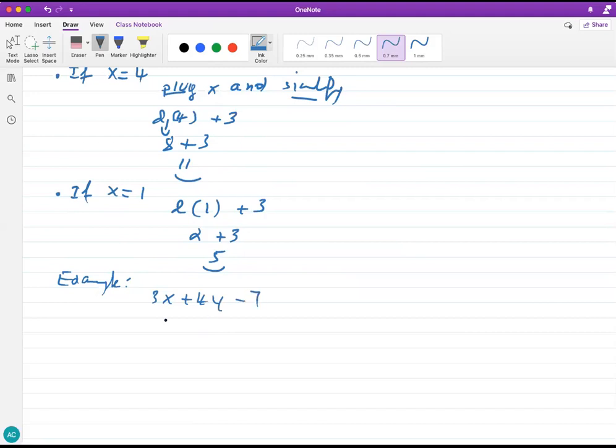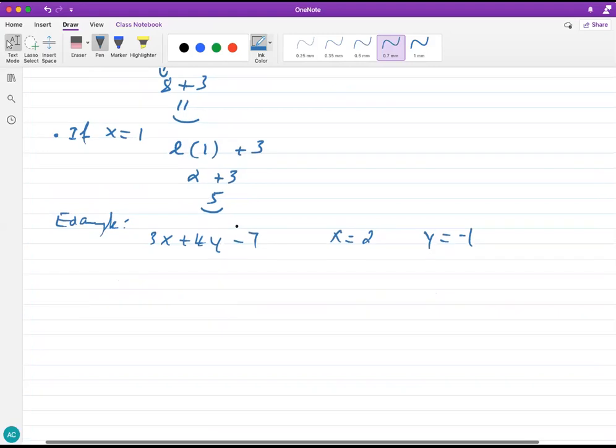In this case, to evaluate this, since we have 2 variables, x and y, we're going to need 2 values. So we need, for example, x is 2 and maybe y is negative 1. All this will be given to you. You don't have to find these. I'll give you the expression, give you the values. All you have to do is plug in and simplify. Okay, so we're going to take both of these and we're going to plug them into this.